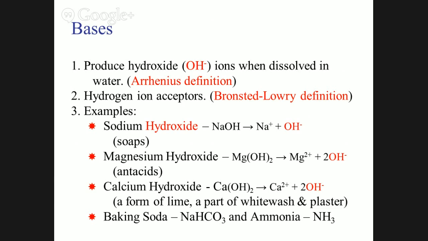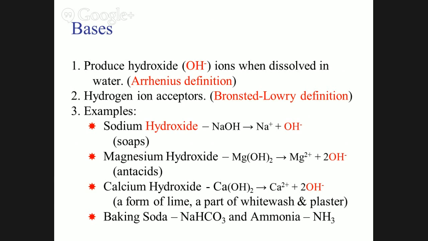And then something that doesn't actually have an OH in it, baking soda, NaHCO3, sodium hydrogen carbonate, and ammonia, NH3. Neither one of those actually has OH ions in it.